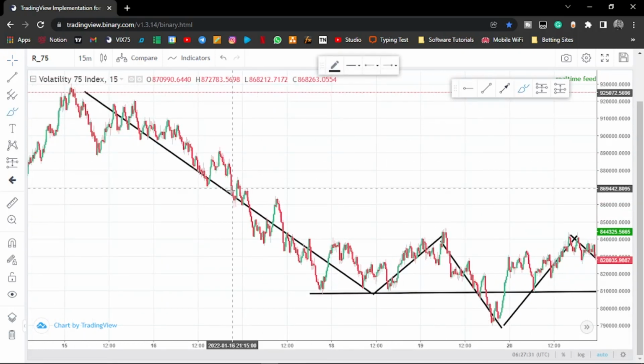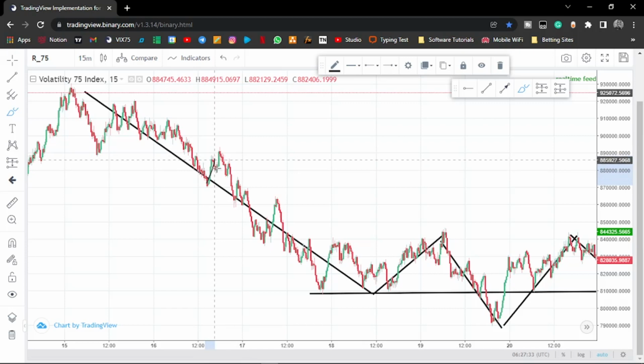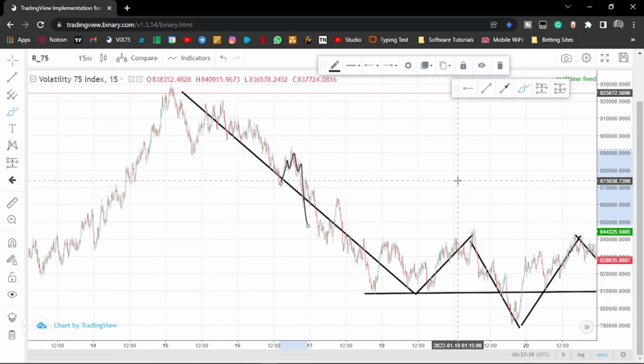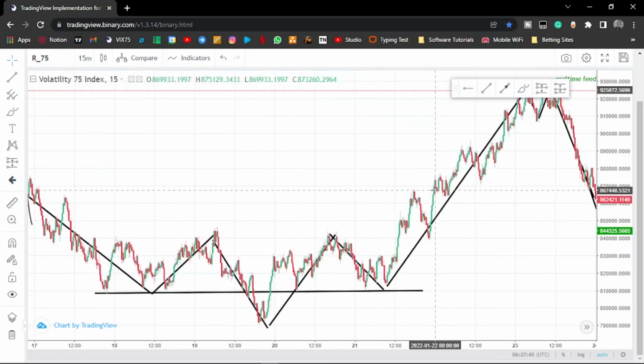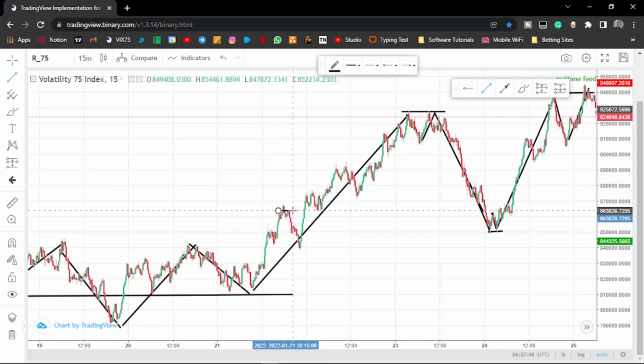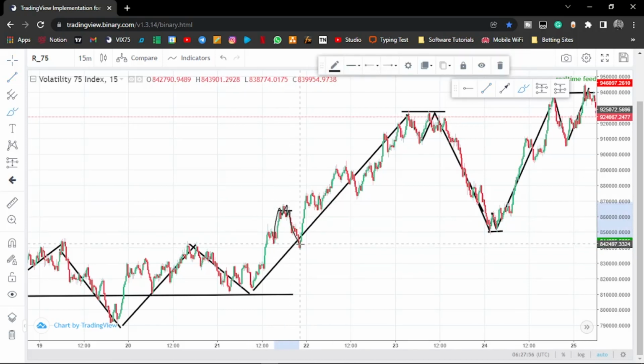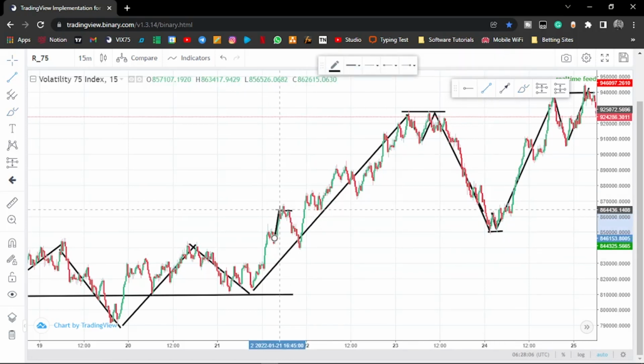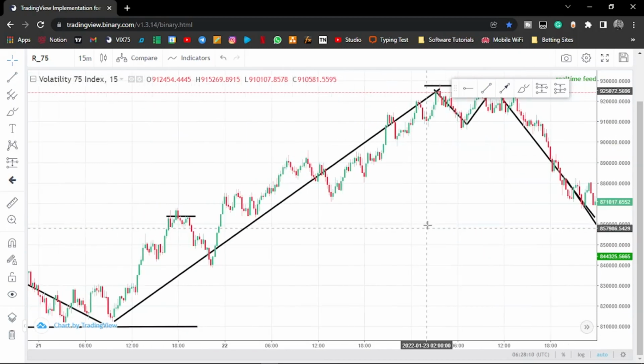Like this bearish head and shoulder right here. It's smaller. You can see another smaller bearish head and shoulder right here. Actually, let me zoom in.